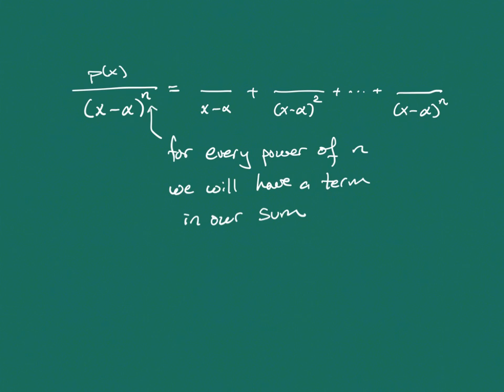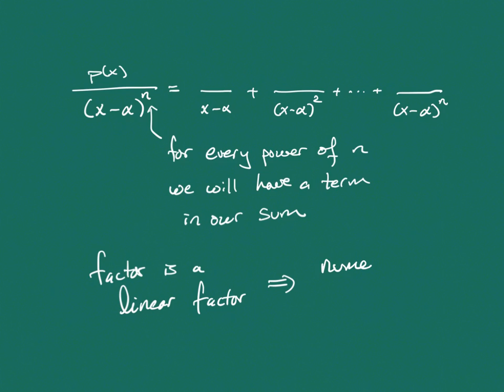But then, because our factor is a linear factor, our numerators will be constants. So in our numerator, we've got a total of n constants that we would have to figure out.